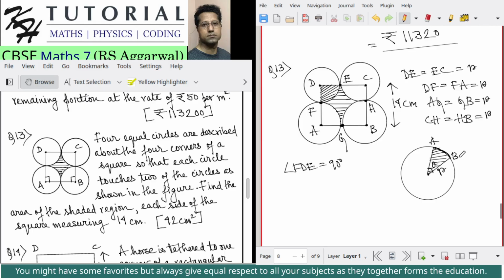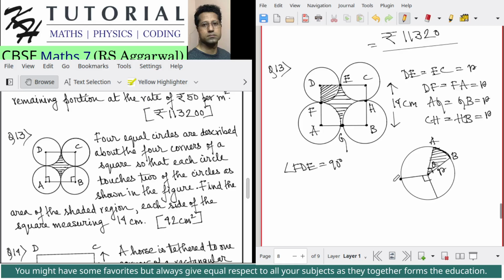So to define a sector we need two things. One is the radius of the circle, and the other is the central angle it is making, that is theta. Now if this theta becomes 90 degrees, let's consider another sector. This is 90 degrees.